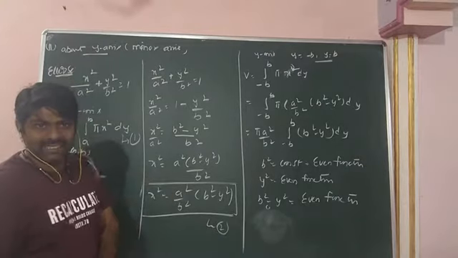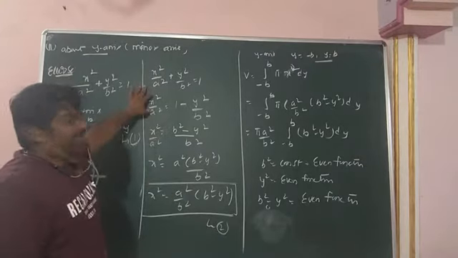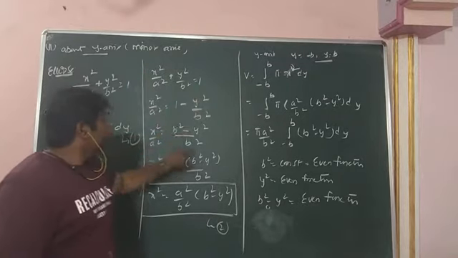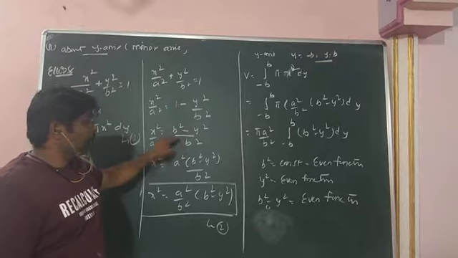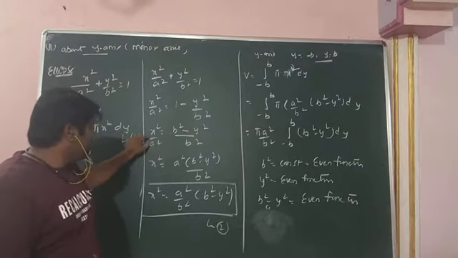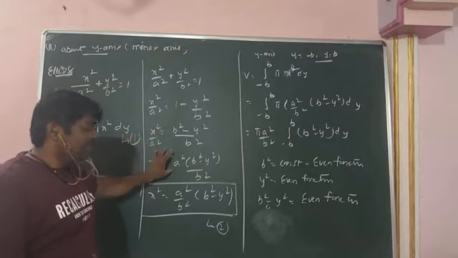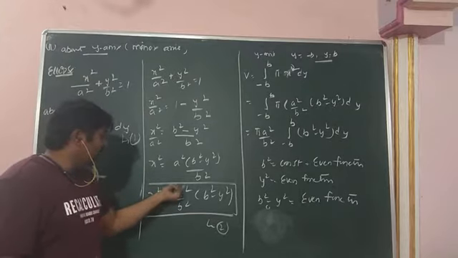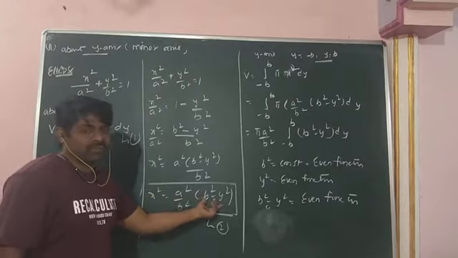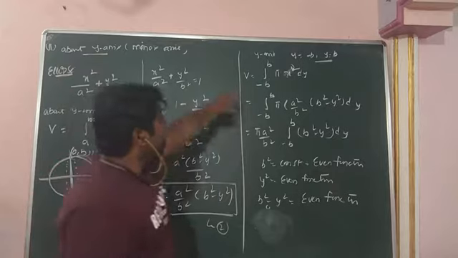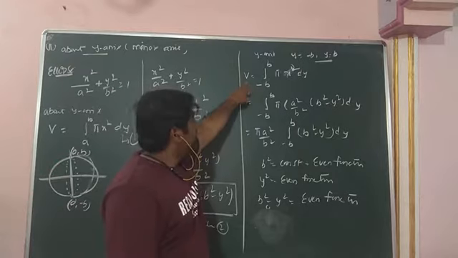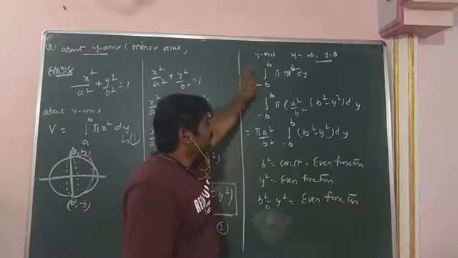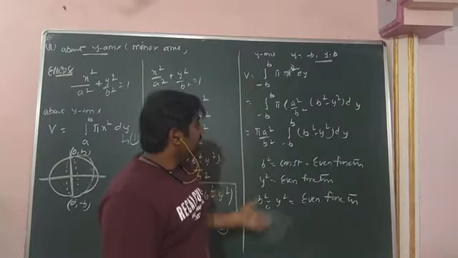The basic conversion: there is a plus, and when plus goes to the other side it becomes minus. Just do the LCM. So b square is divided, and going to the other side it becomes multiplication. Finally we get x square is equal to a square by b square into b square minus y square. And we write the formula pi x square into dy. The limits are minus b to b.